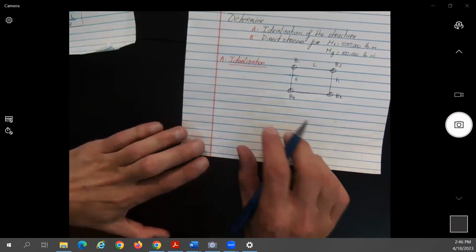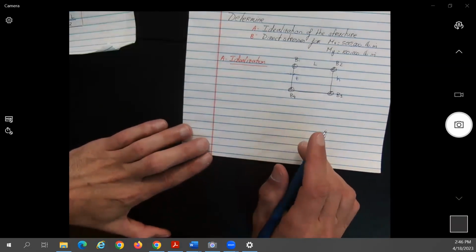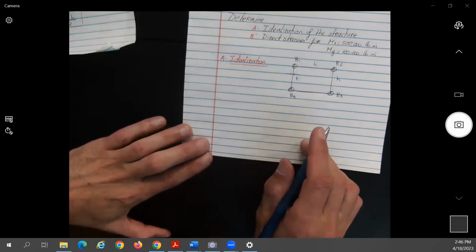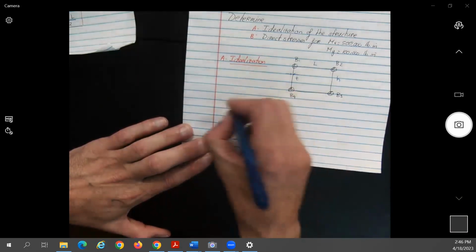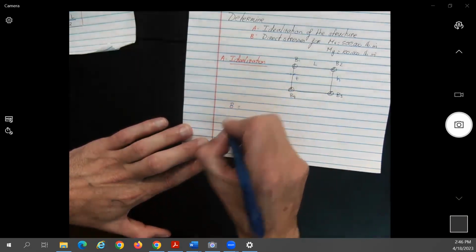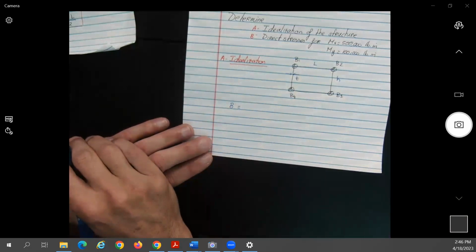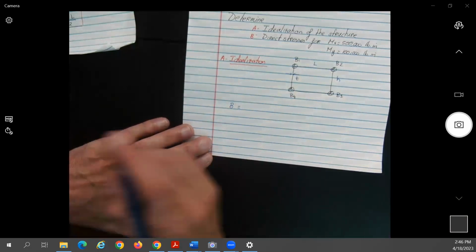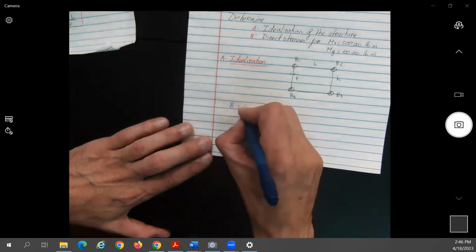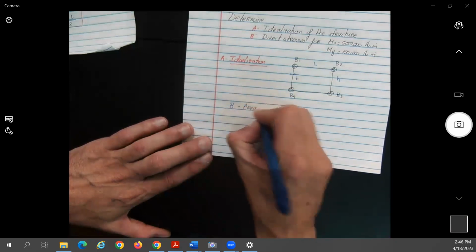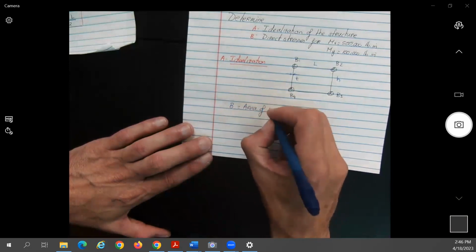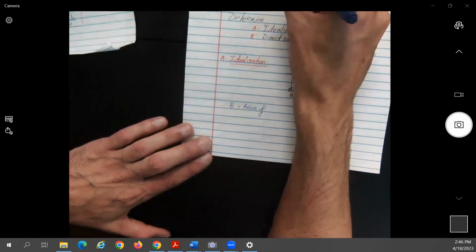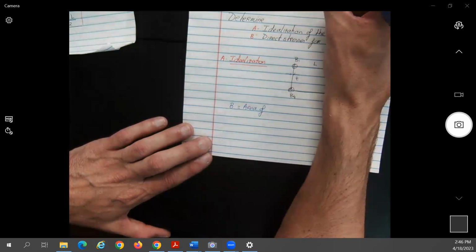Okay, so let's see. So B1, so B should be equal to what? So the area of, I'm looking at this term over here. So let's say those stiffeners over here, okay?